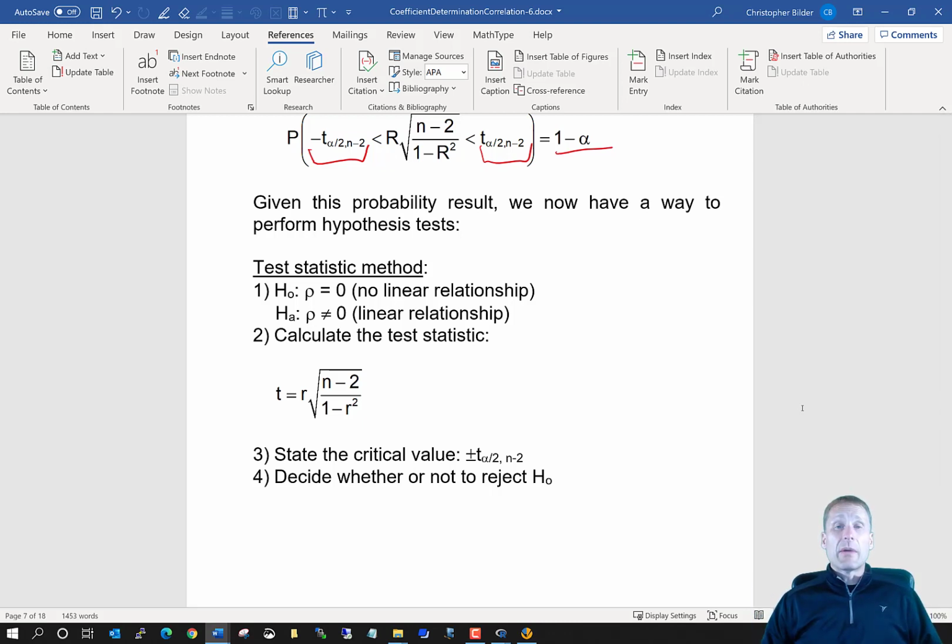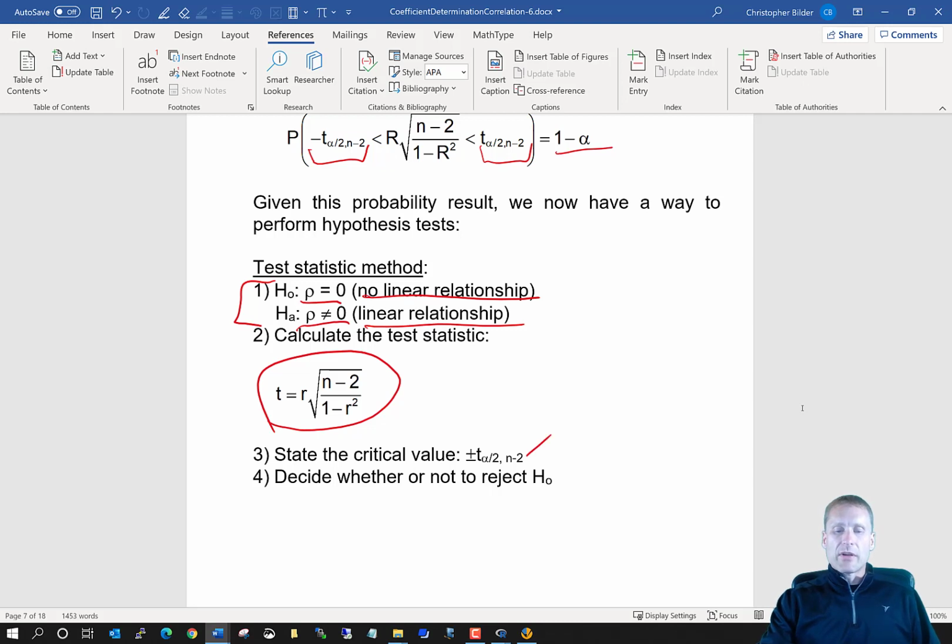So let's talk about a test statistic method for a hypothesis test. State your hypotheses. If rho is equal to 0, that's going to be our H0: there's no linear relationship between x and y. If rho does not equal 0, there is a linear relationship. We calculate our test statistic using information that's observed from our sample.